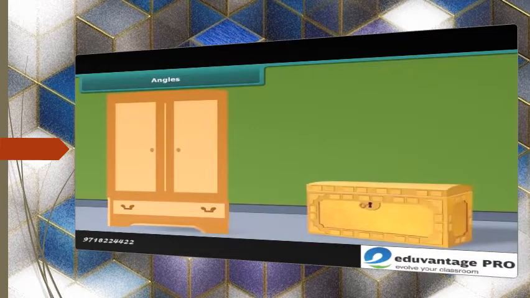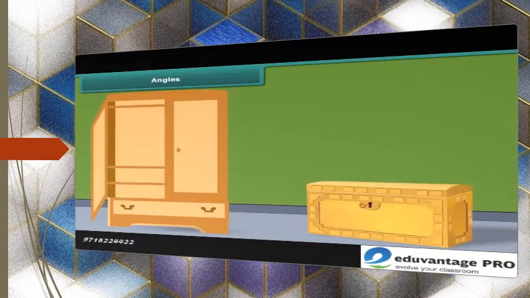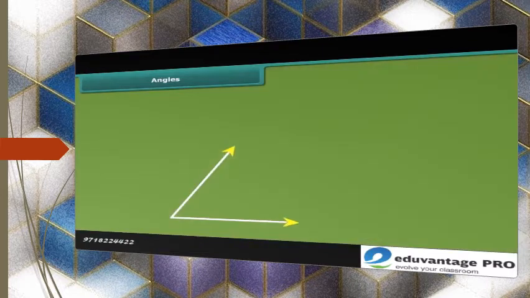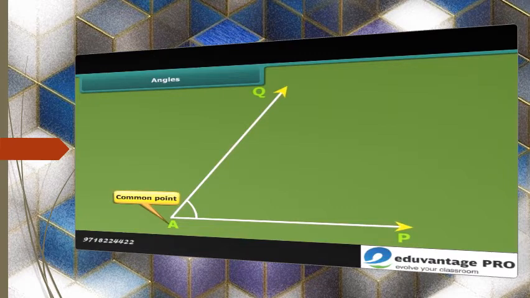Let us now move to another topic. The open door of a mirror or a box forms an angle. In the language of mathematics, when two rays start from a common point, we say that an angle is formed. In the given angle, rays AP and AQ have a common point A. The two rays forming an angle are called the arms or sides of the angle.